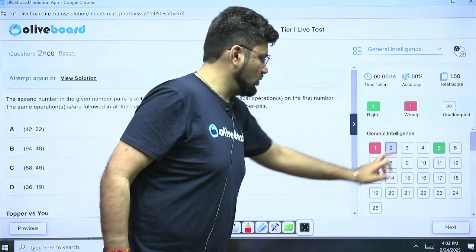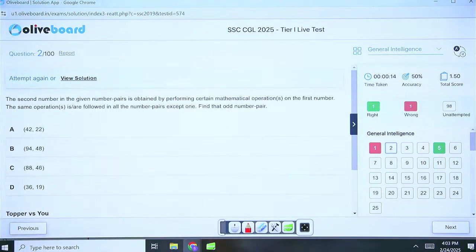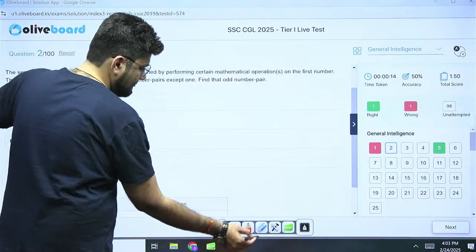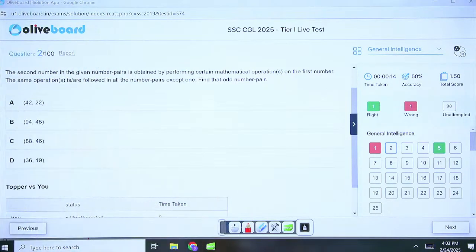Next question, question number 2. The second number in the given pairs is obtained by performing mathematical operations on the first number. So now you have to check which is the odd pair, which pair does not follow. So how do you obtain that? Now if you closely observe it, if I divide this by 2, see 42 and 22, how will you relate them?